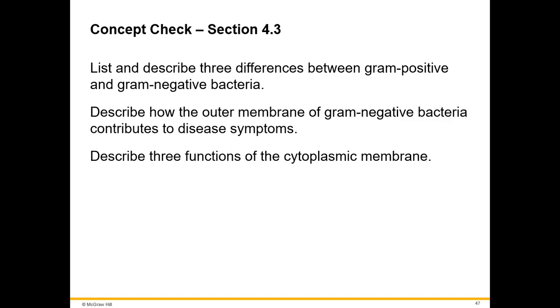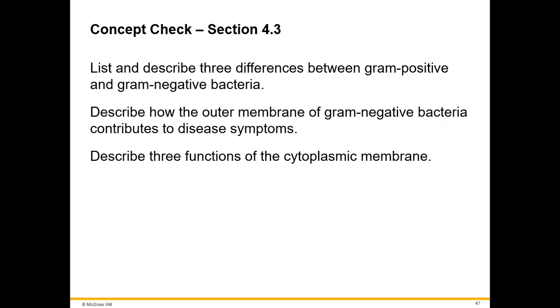Yes, what's another difference? What structure do gram-negative bacteria have that gram-positive don't have? The outer membrane. They have that lipopolysaccharide membrane on the outside, and their cell wall is thinner than the gram-positive bacteria.